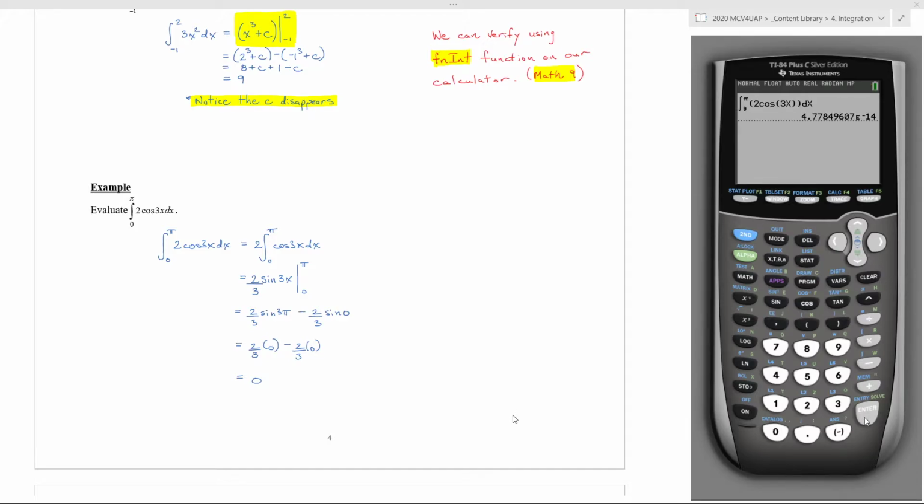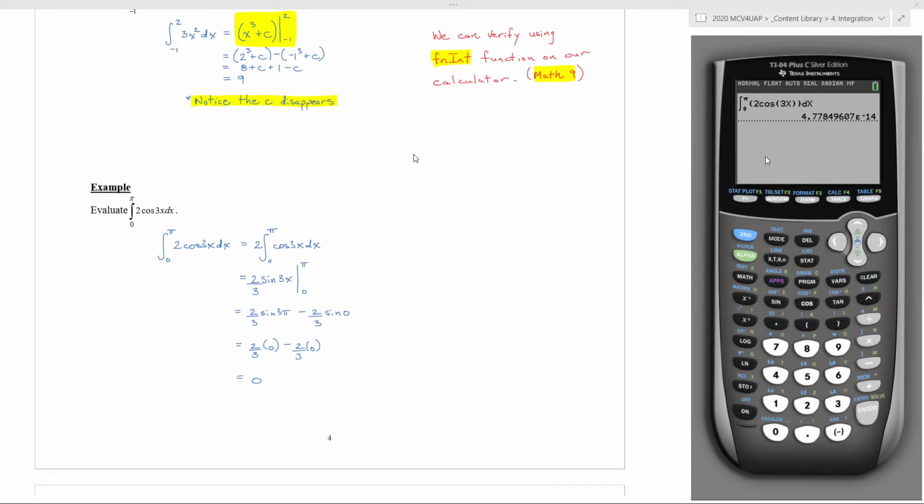Hit enter, and your calculator spits out that garbage, 4.778 times 10 to the negative 14, which is effectively 0. 10 to the negative 14, that's pretty small. So we've got an answer from the calculator of 0, which validates what we did manually there.